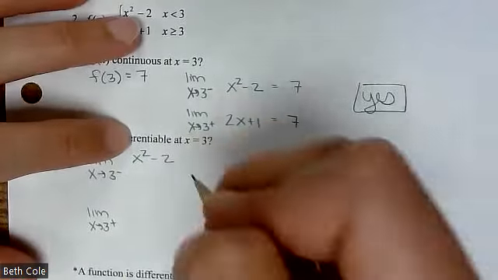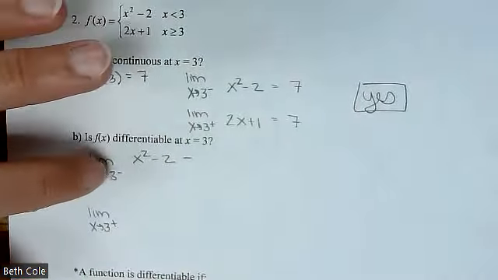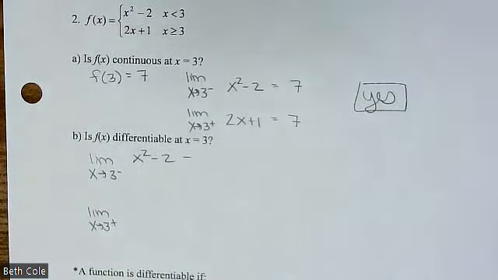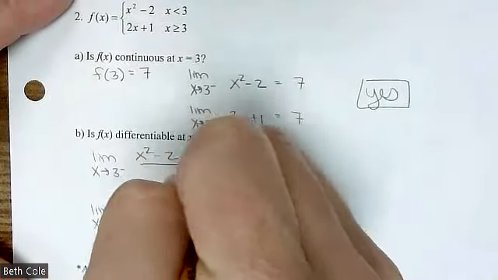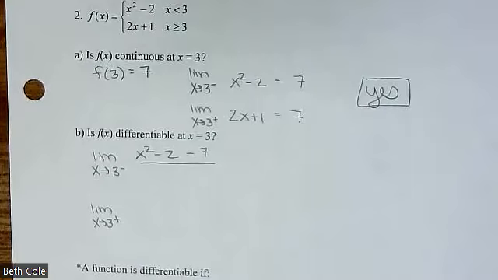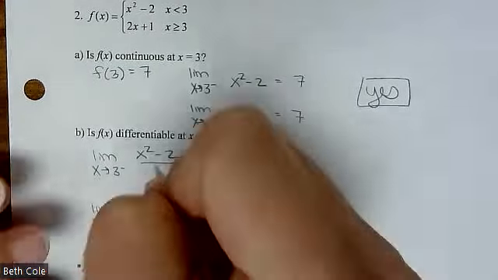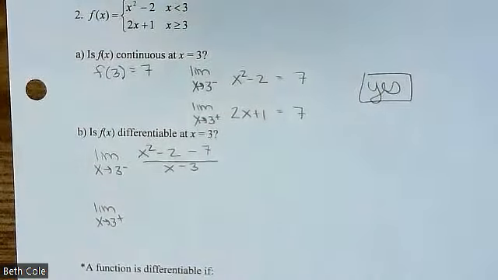So it's the function minus whatever you get when you plug in 3, and hint, we already did it in part A. What do you get when you plug in 3? 7, good. And then over, what'll go in the denominator? x minus 3, cool. We're going to work that out, but let me set up the other one first.